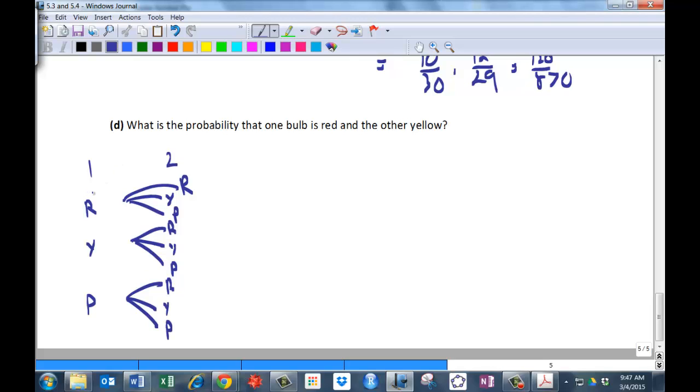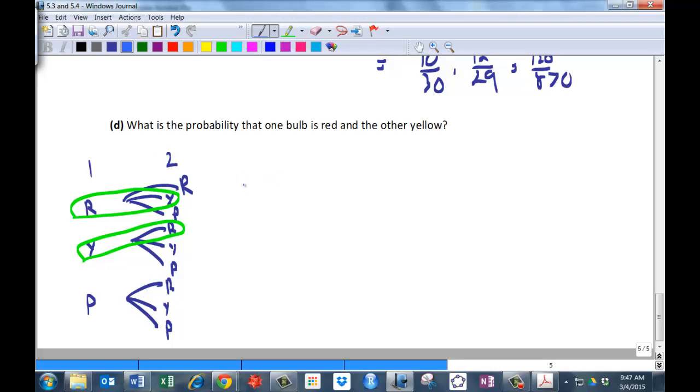So what's the probability you get one red and one yellow? Well, let's circle those. One red and one yellow. I'll just circle them in green. One red and one yellow can be here, and one red and one yellow can be here. So there's two ways that can happen, and we've got both of those probabilities from above. Okay, and so we just add them together here.